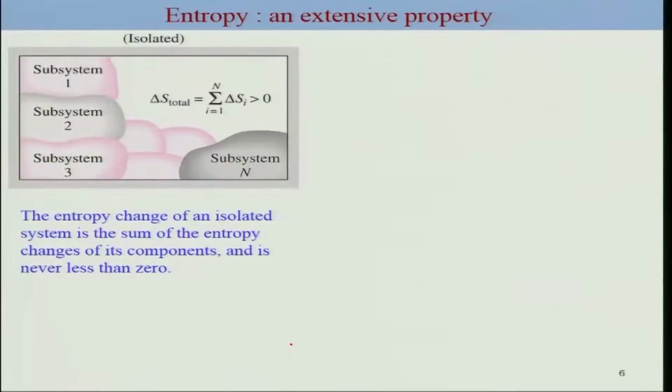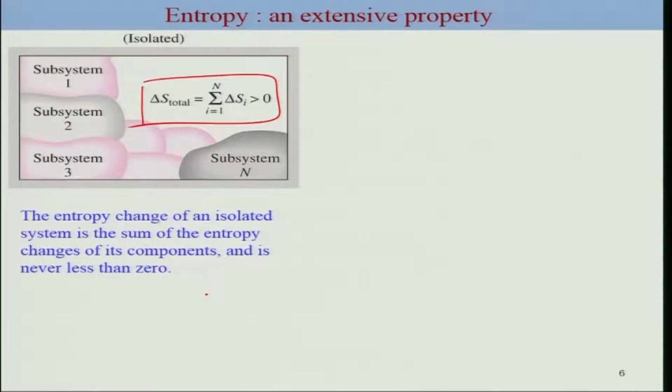So let me just get back to the fundamentals of entropy here. Now entropy is an extensive property, okay, which essentially means that the total entropy of the system is equal to the sum of the entropies of the parts of the system. So we can consider an isolated system which is made of many subsystems, and thus the change in the entropy of this particular isolated system is nothing but the sum of the changes in the subsystems as we represented here, okay?